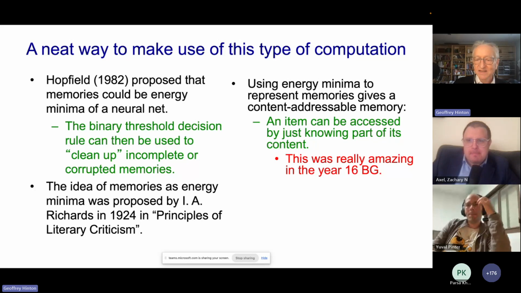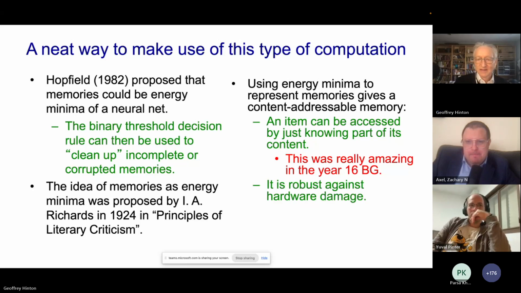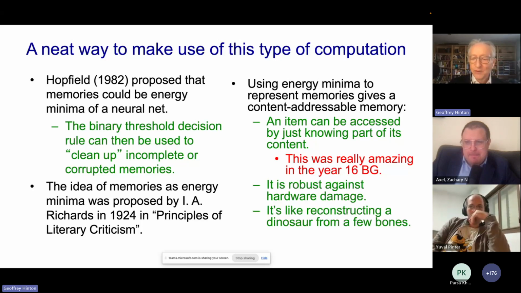You couldn't normally access things by just giving a small part of their content and getting the rest. Of course, as soon as Google came along, you could access documents by giving a few rare words in the document and you get the document. But this was an early example of a content addressable memory, and it was biologically more sensible. It's robust against hardware damage, and it's a bit like having a few dinosaur bones and reconstructing the whole dinosaur, which people do all the time.